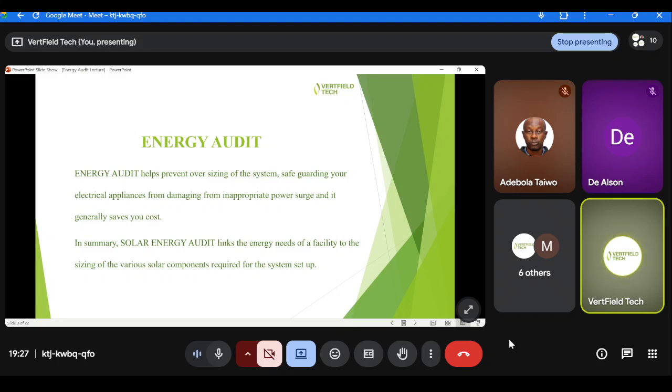So it simply means that you need to do a holistic system design whenever you are invited for a solar project. Doing a holistic system design would help you prevent oversizing or downsizing of your solar system in terms of our solar components.